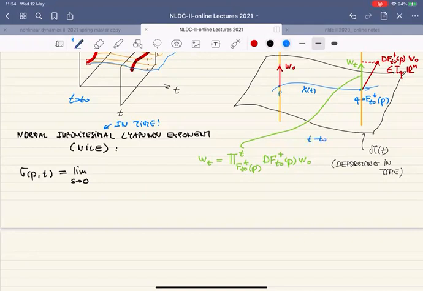T minus T0 will be S. But since in the limit T will be equal to T0, I just make it relative to T. The two will be equal anyway. So I will not use T0 to label the time, because I'd carry that extra index, but I will be using T. The two are the same in that limit anyway. So it will be 1 over S times the logarithm of what?